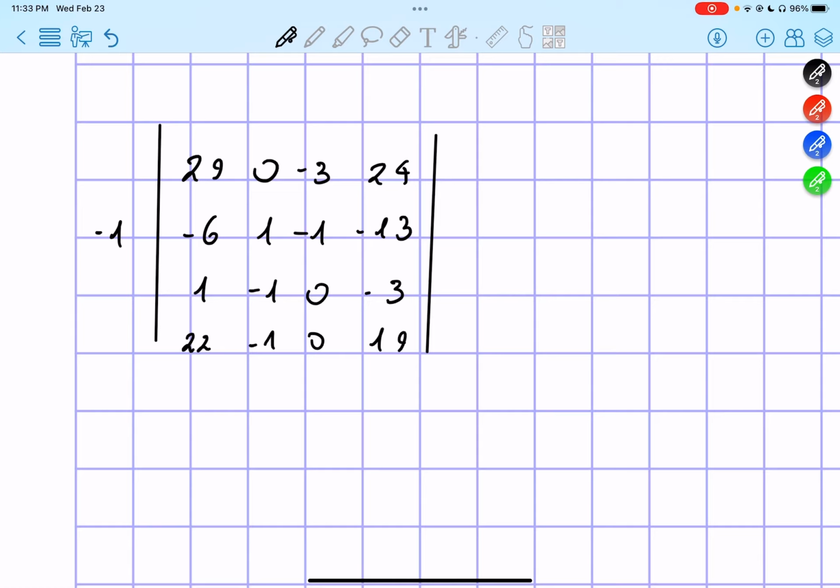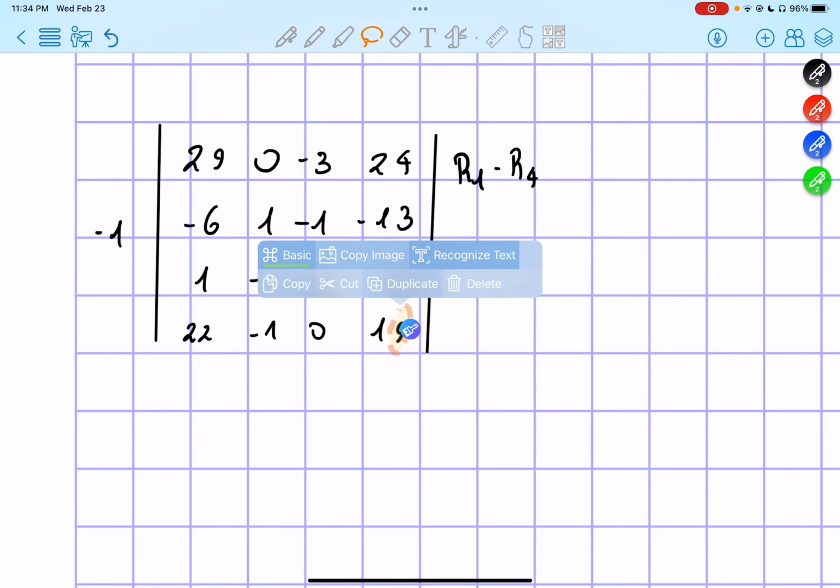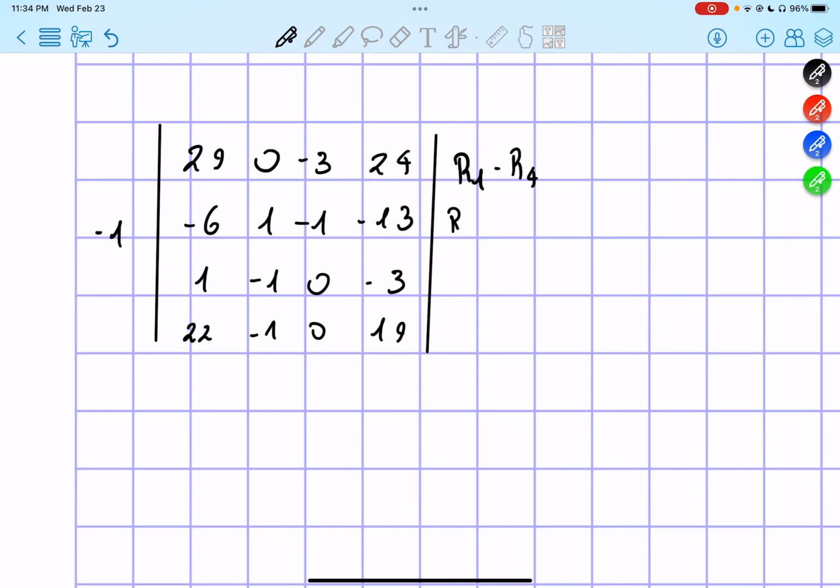They wouldn't do much, but they would definitely simplify my calculation. So for example, I'm gonna do row 1 minus row 4. Do I think that will simplify something? Yeah, I guess I can do row 2 minus, let's do 2 times row 3.